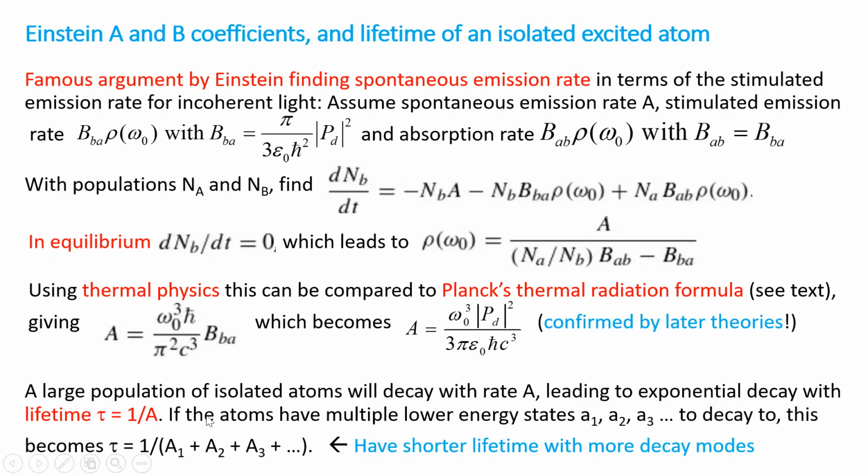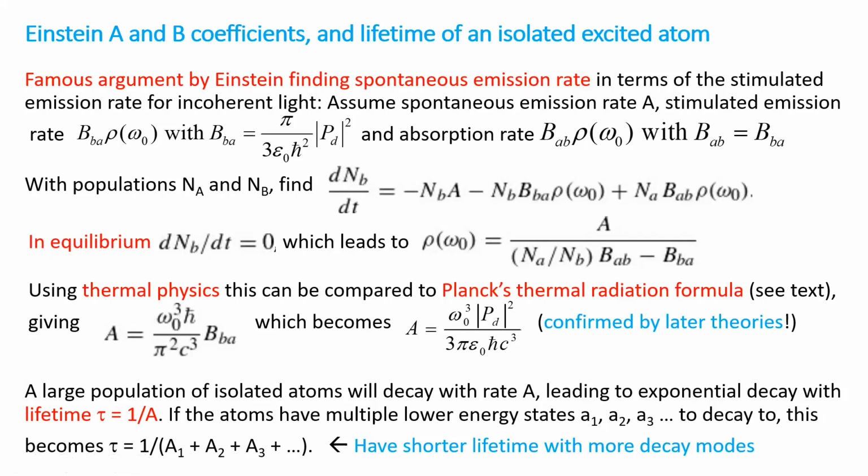Another situation, which usually happens, is that there aren't just two states, B and A. There might be an excited state with multiple lower energy states which it could decay to, because atoms have a lot of levels.